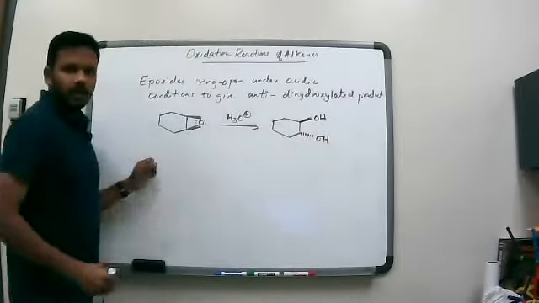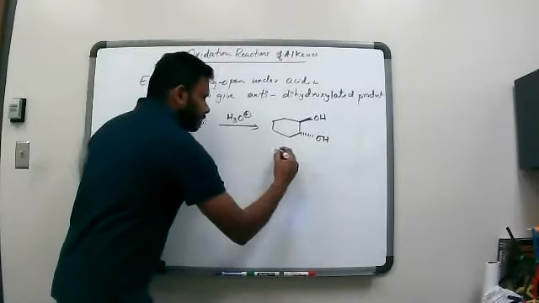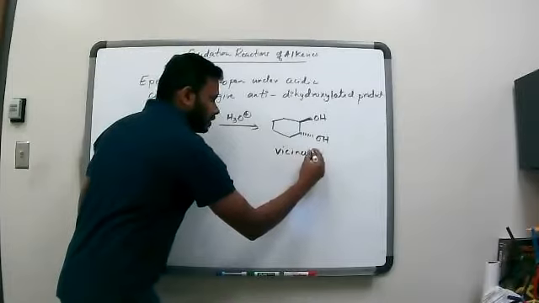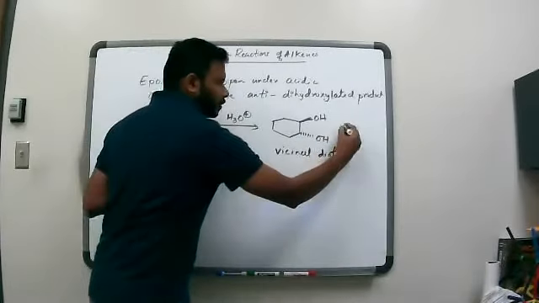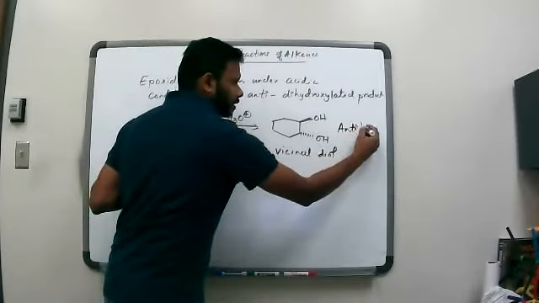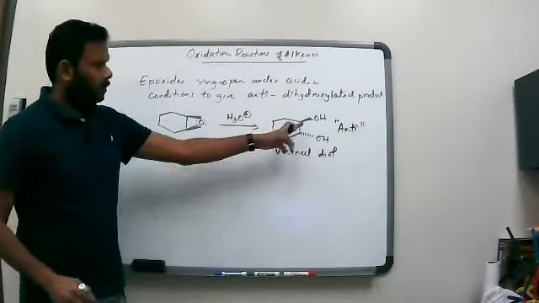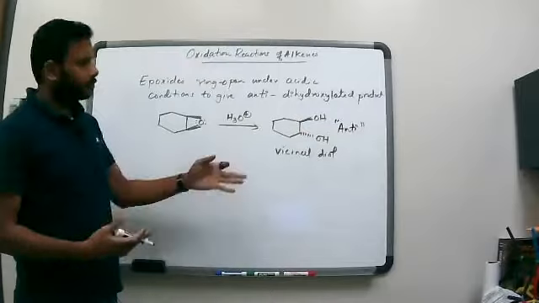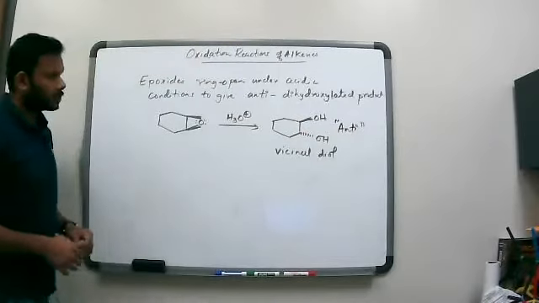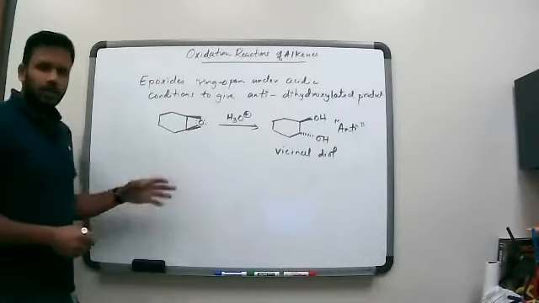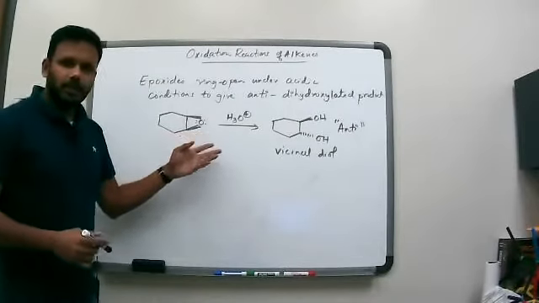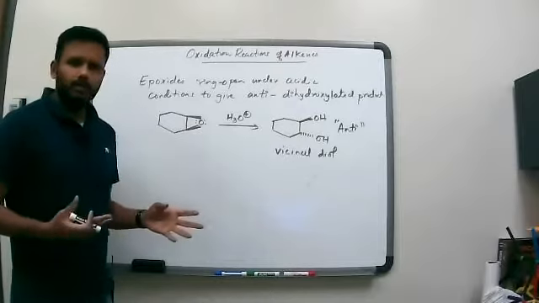So we get a vicinal diol. And as you can notice, the stereochemistry is anti, because the two hydroxyl groups are anti to each other. Now, the mechanism of this reaction is very similar to the ring opening of a bromonium ion.